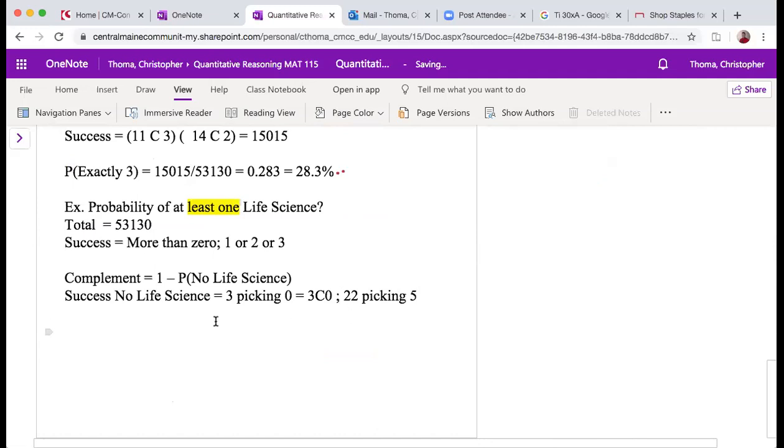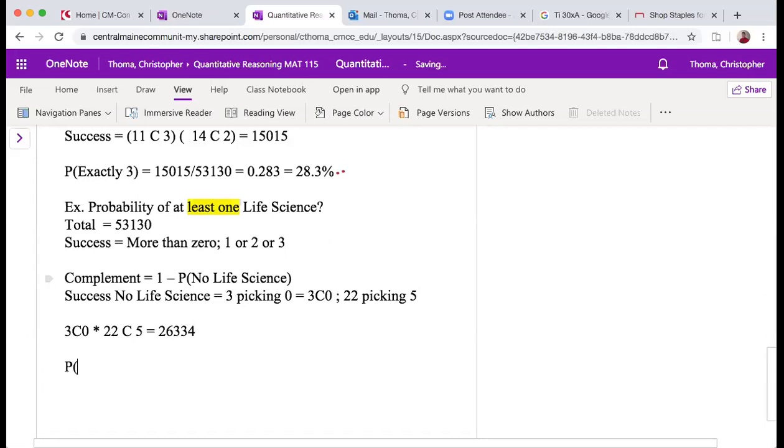So on my calculator, I will type 3C0 times 22C5, which gives me 26,334. And then I take that over my total.